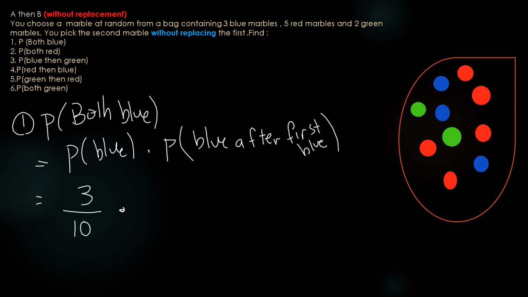Without replacing means that I take one of the blue marbles and put it out of the bag because I already selected it. So after I take this one, how many marbles are left? We have 9 marbles.